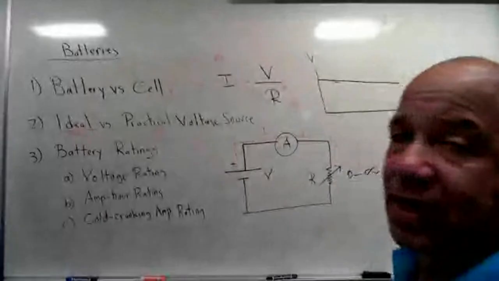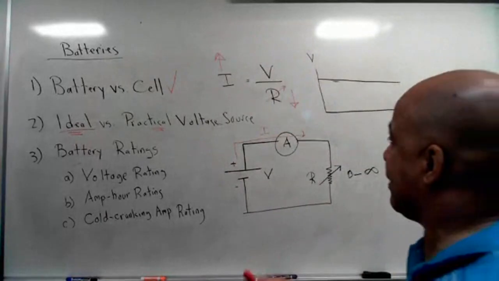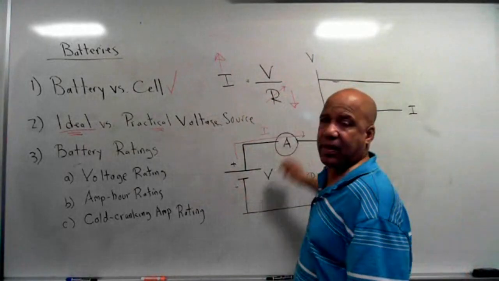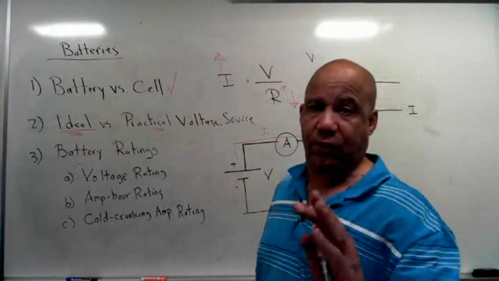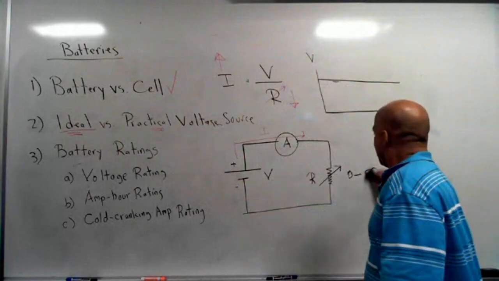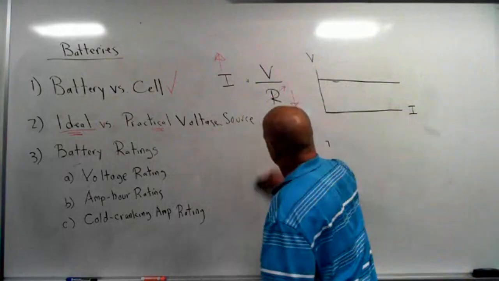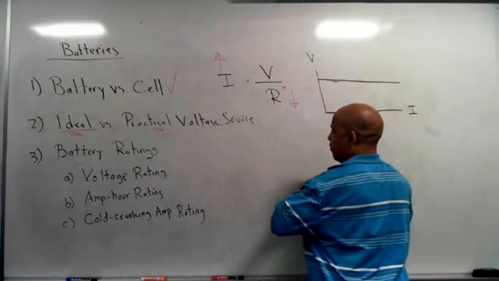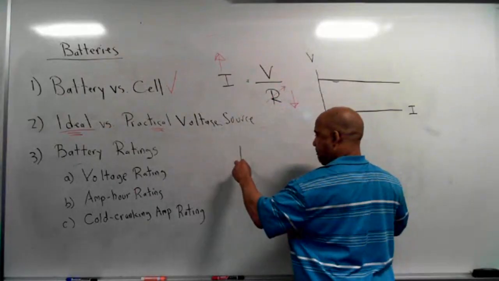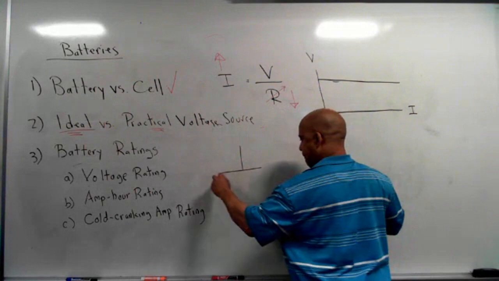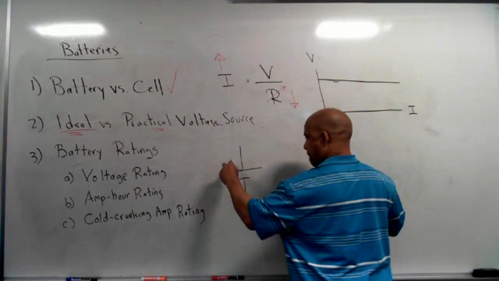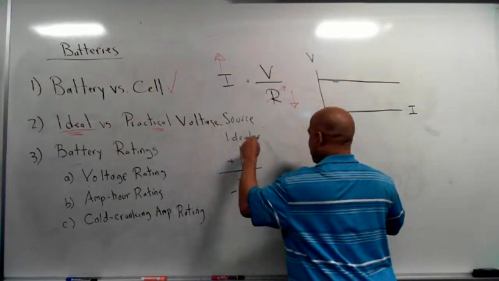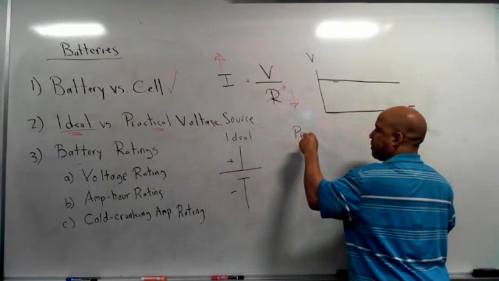Now, you might not understand it yet until I show you the practical voltage source. Then you'll understand why this can't happen. Let me show you first what it looks like. I draw an ideal voltage source like this. The practical voltage source.